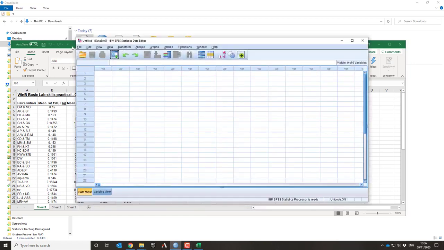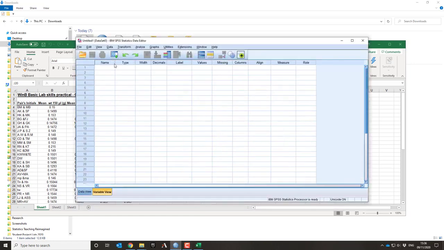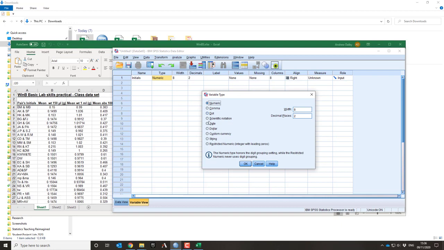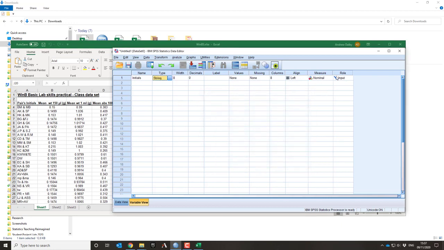and in this case I can go and set up the data set. So we'll just put initials. It's going to be the first column. It's not going to be numeric, it's going to be string, so it's therefore nominal. The next is the mean. So this is 150 microliters.